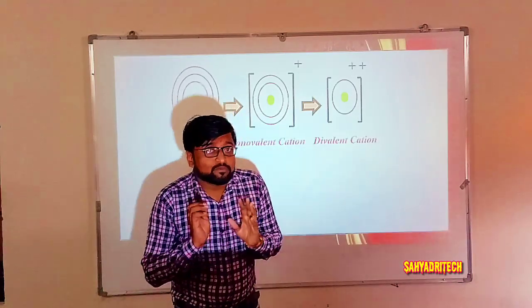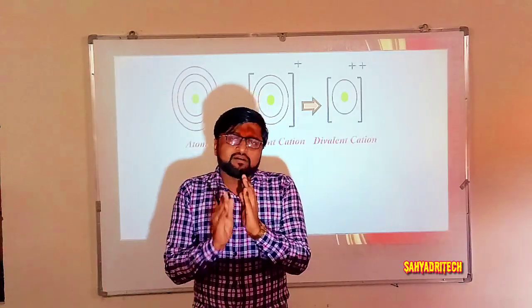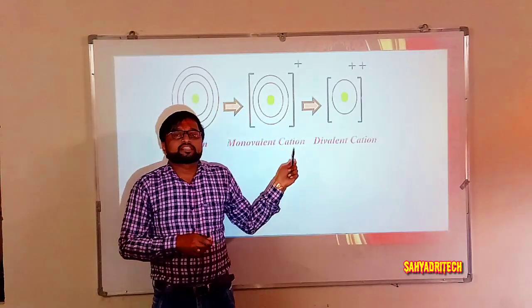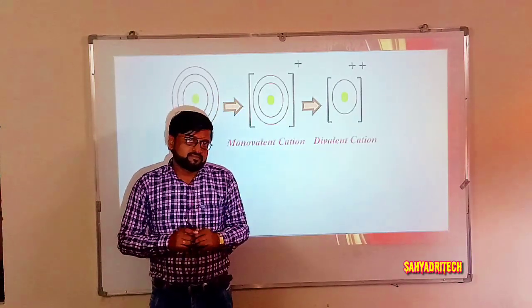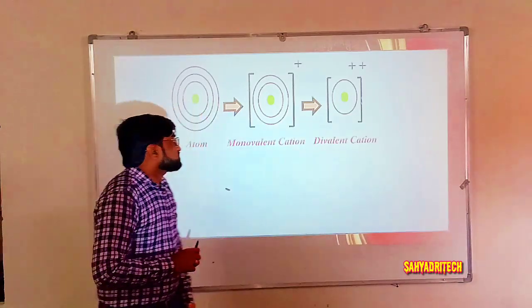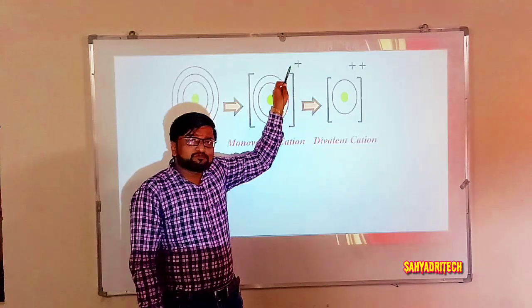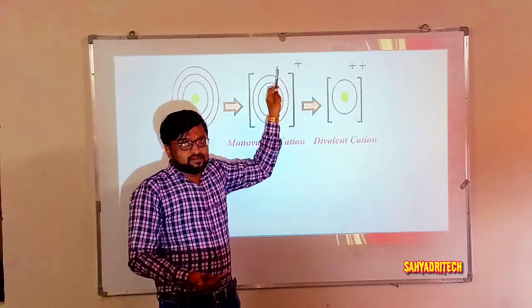So here, what is to be remembered? Atoms by losing one or more electrons will get converted into respective cations. Okay. Well, and here whatever the positive charge formed, it corresponds to the number of electrons lost.